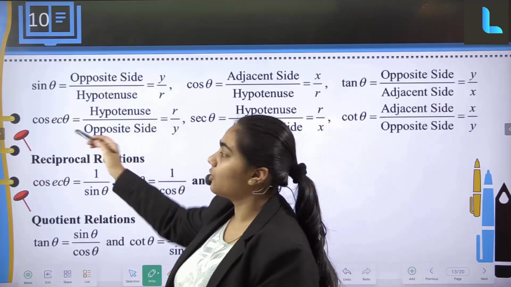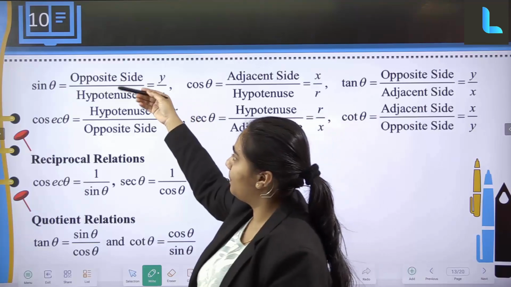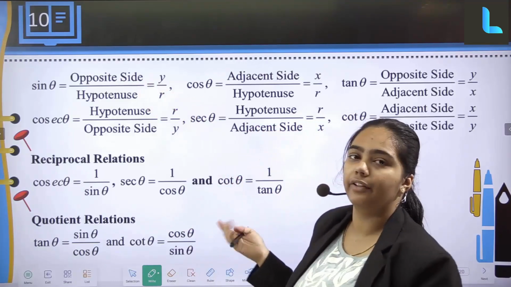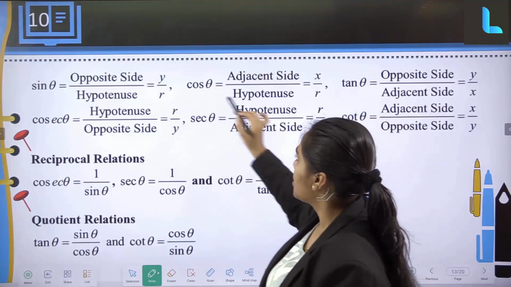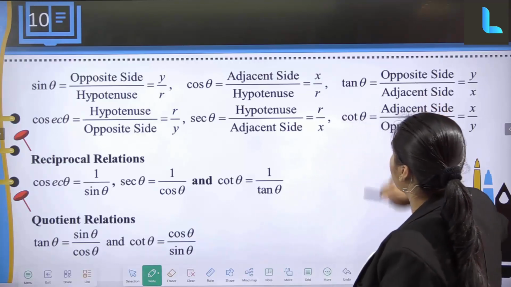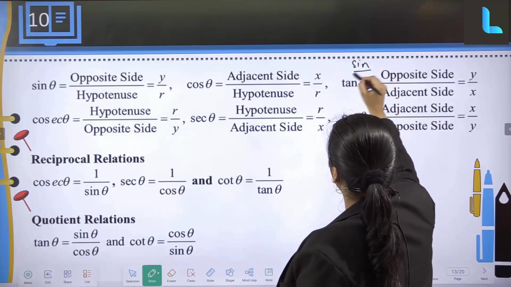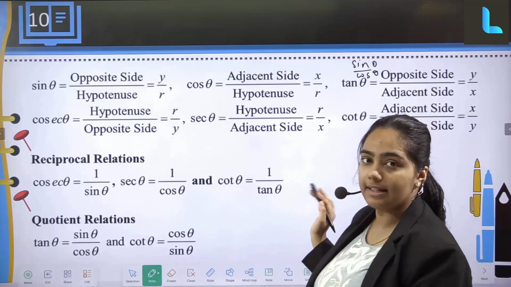Cosec theta is nothing but the reversal of it, that is the reciprocal. Opposite by hypotenuse is what you will be having for sine, and for cosecant it is the reversal of it. For cos it is adjacent by hypotenuse, and for tan it is going to be sine divided by cos.